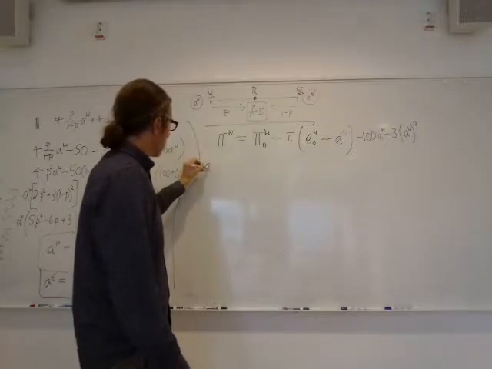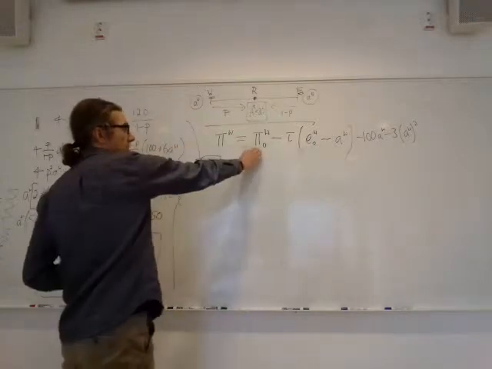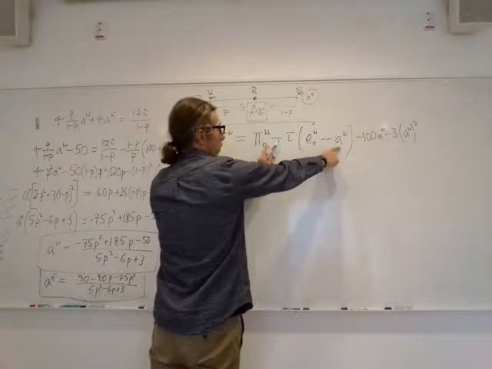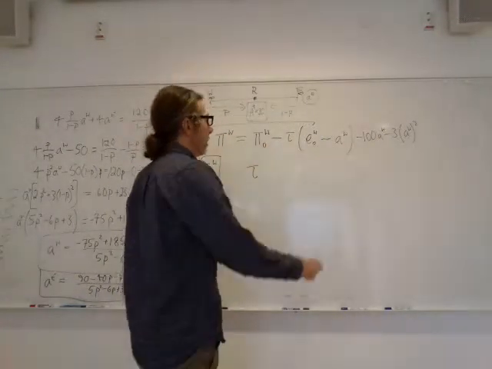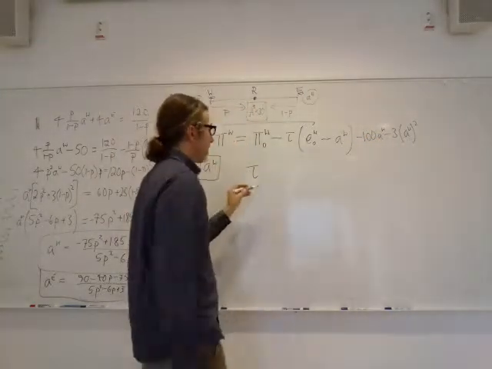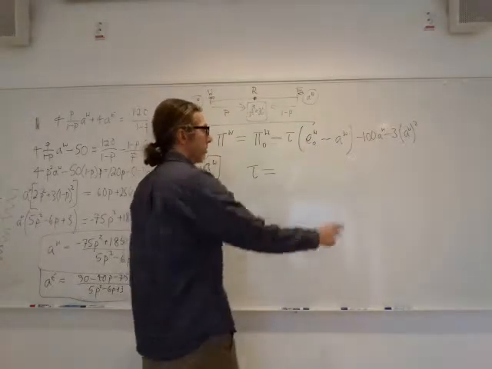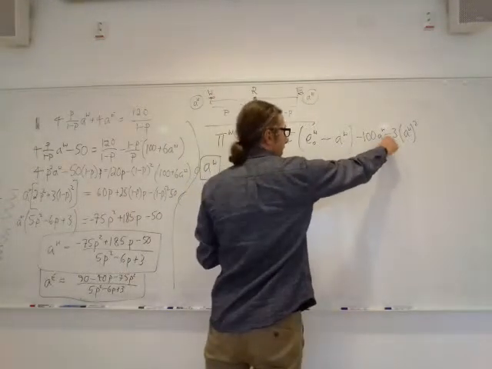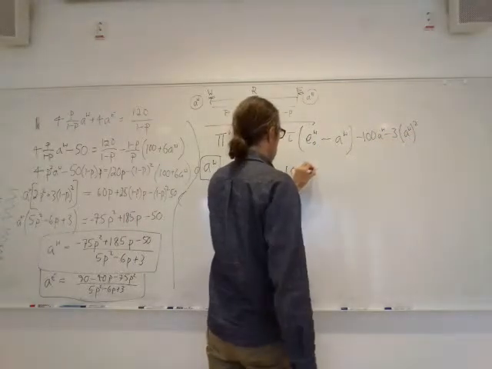We take the first order condition in AW. This is just constant, this is also constant, but here we have plus TOR AW. So when we take the first order condition, we get TOR, minus 100, minus 6 AW, equals naught. So we can shift those across and say TOR equals 100 plus 6 AW.